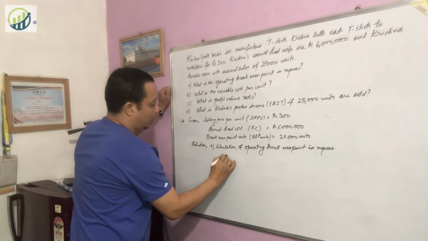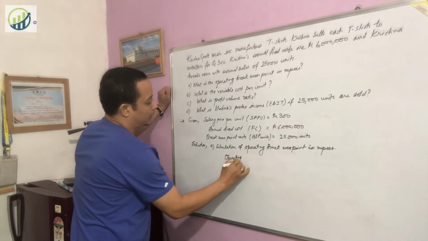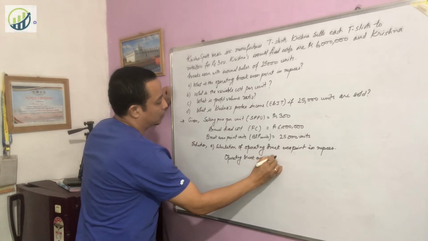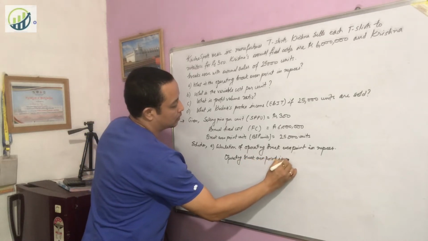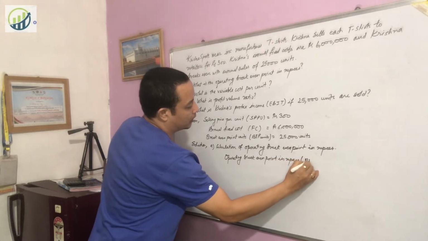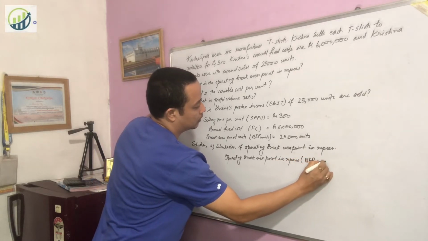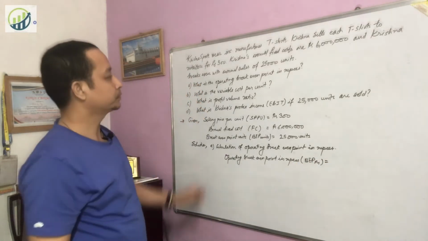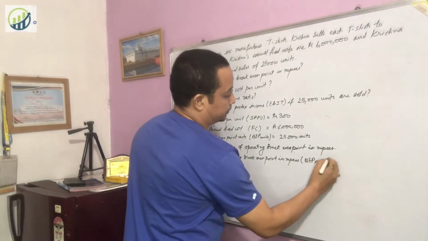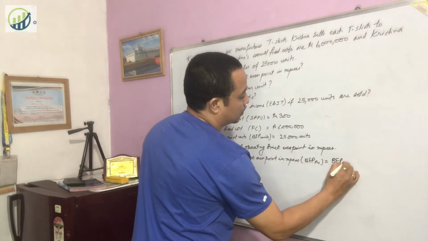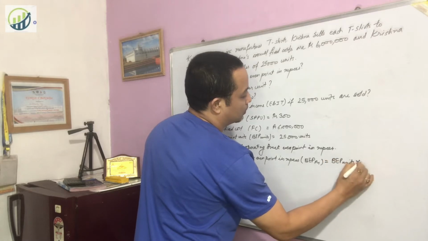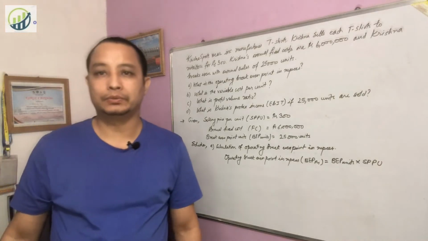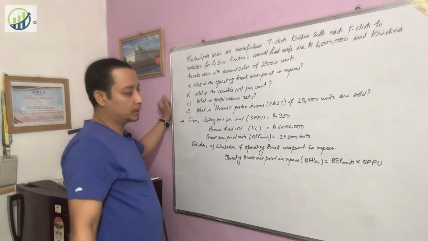So here, operating break-even point in rupees, BP rupees, equal to BP units into selling price per unit. BP units into selling price per unit will give you BP rupees.